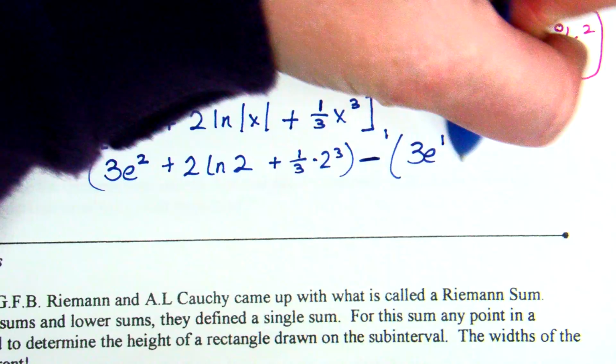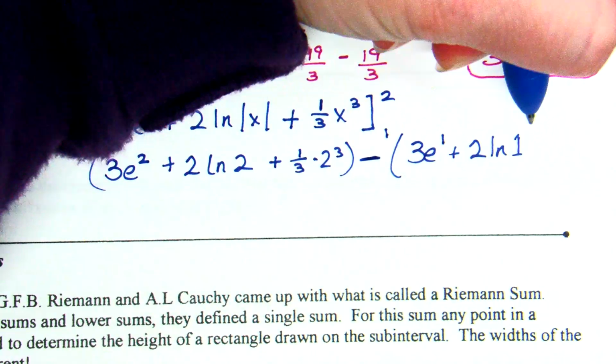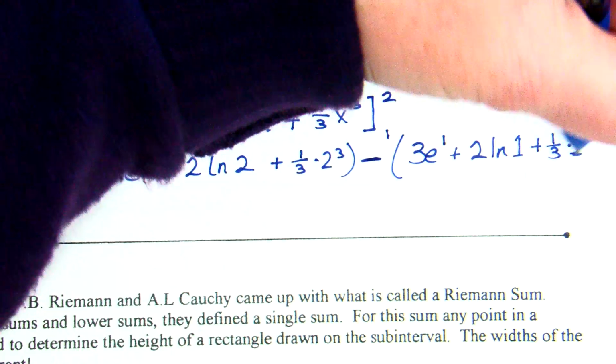So 3e to the first plus 2 natural log of 1 plus 1/3 times 1 to the third.